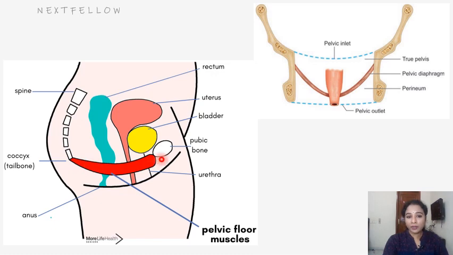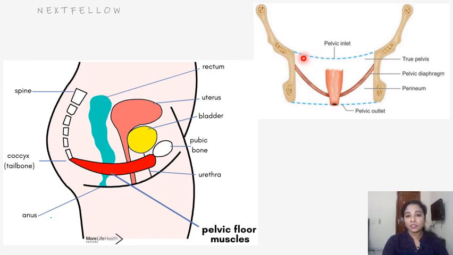So this pelvic diaphragm, we can see this red one, it mainly separates the pelvic cavity from the perineal region. So above it is the pelvic cavity, and below the pelvic diaphragm is the perineal region including perineum. So perineum is part of the pelvic outlet located inferior to the pelvic diaphragm. So the pelvic cavity or the true pelvis has the pelvic floor as its inferior border, and pelvic brim as the superior border.